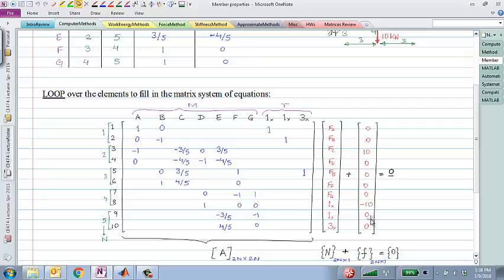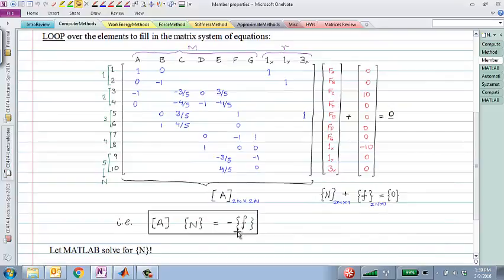And the right hand side vector is just a vector of loads 10 and minus 10 applied at the correct degrees of freedom. And once this matrix system has been constructed, MATLAB can solve it in no time for you. And keep in mind that this system of equations is what I'll refer to later as well for indeterminate structures.